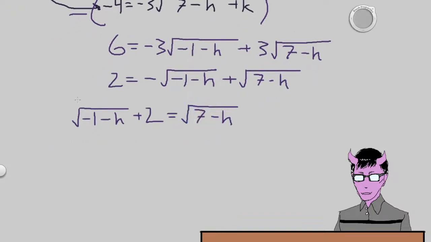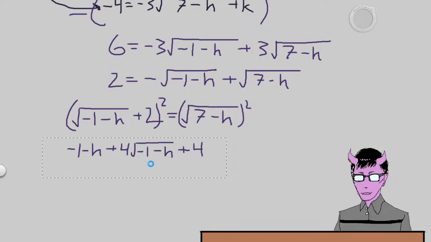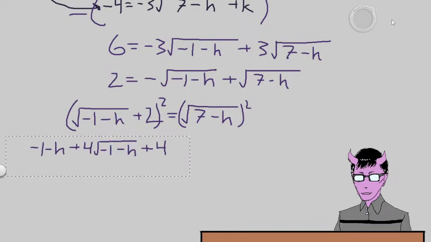Alright, so now we can square both sides. Square that and square that. So that one is gotten rid of. Don't forget the algorithm, this one times 2. And then 2 squared is 4. So that's the entirety of the left-hand side. We still have the right-hand side, but that's easy.